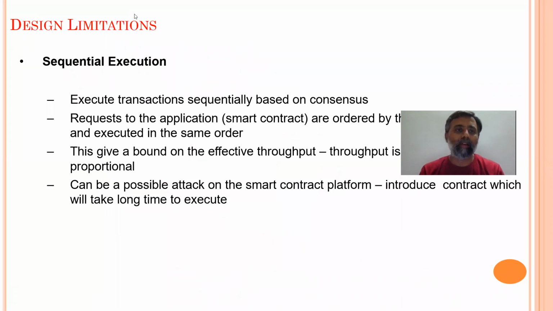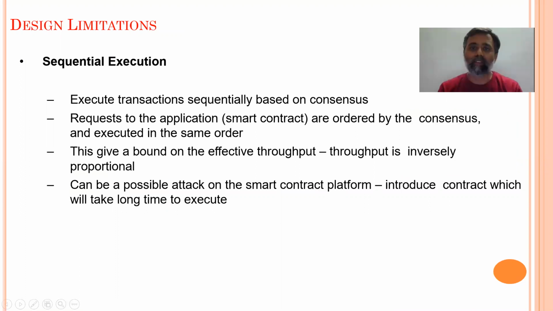Now, I will discuss the design limitations of these smart contracts. The first point is sequential execution. The transactions are executed on the platform in a sequential fashion, which is based on the consensus.